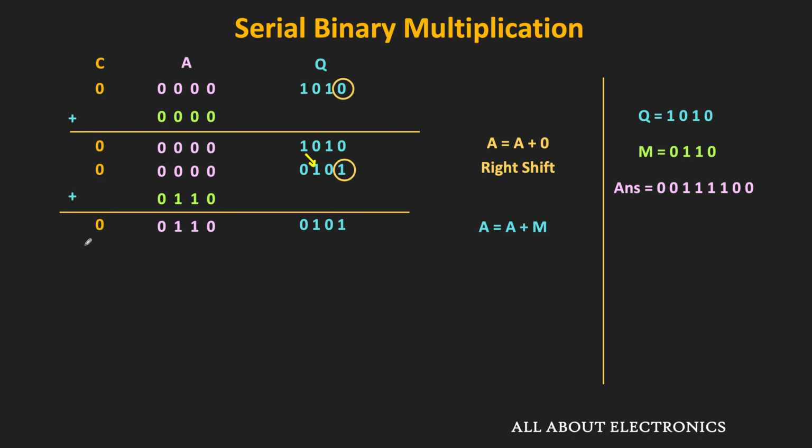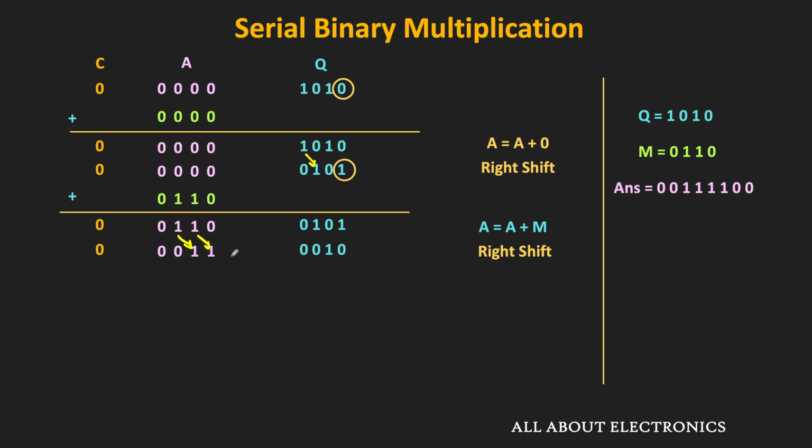And here, the C and the Q will remain as they are. So after the addition, once again, the C, A and the Q registers will be logically right shifted by 1 bit position. So as you can see, after this right shift operation, this 1 will come over here, and similarly, all the bits are shifted to the right side by 1 bit position. So that is the second add and shift operation.